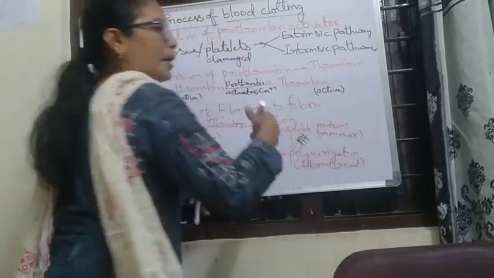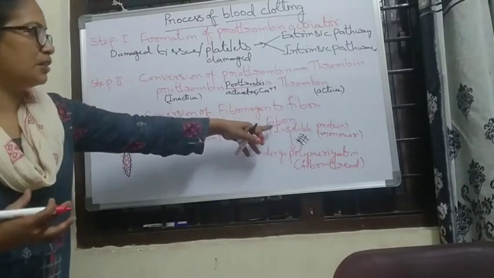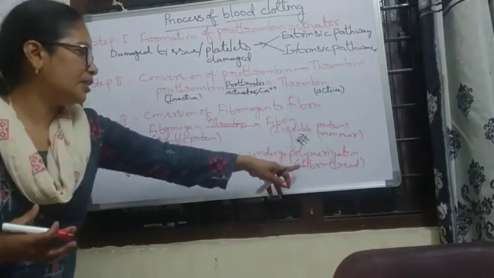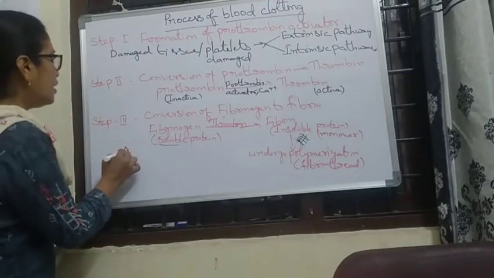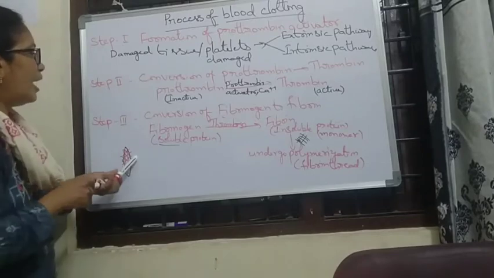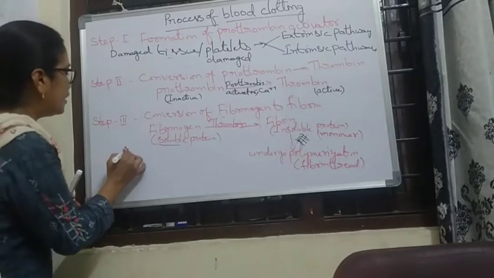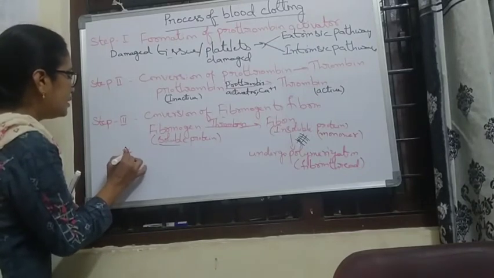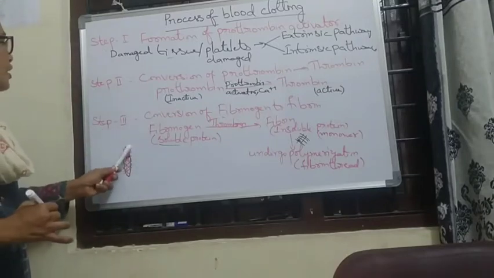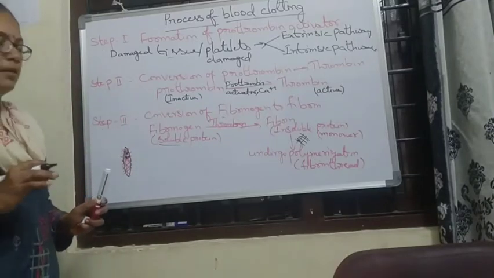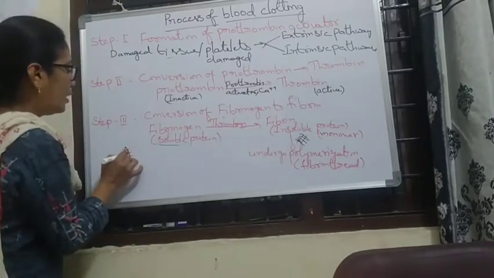By polymerization of several of them, thread-like structures are formed on the damaged tissue. Here in this damaged tissue, platelets, RBC, WBC are stuck in between this net. They are stuck in those places. So that looks like a clotting, meaning the fibrin forms net-like structures.